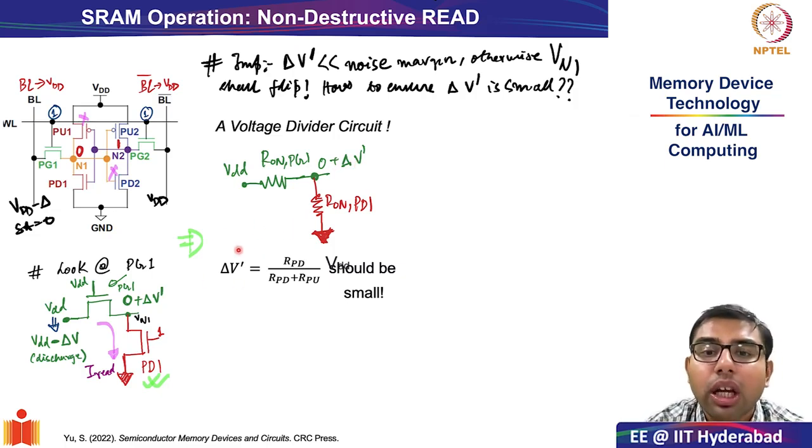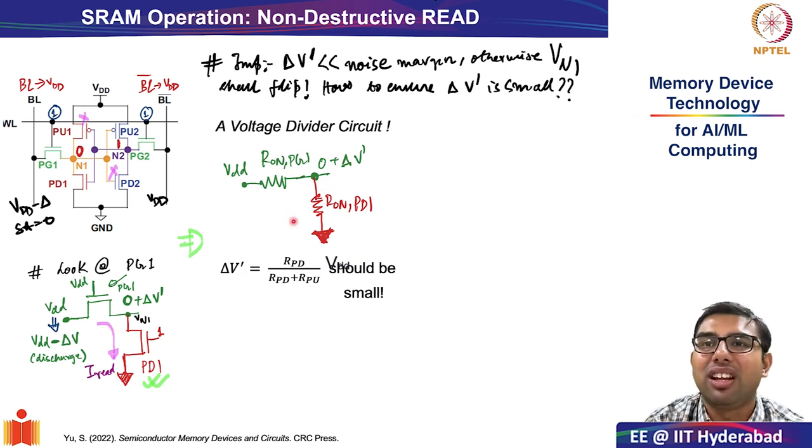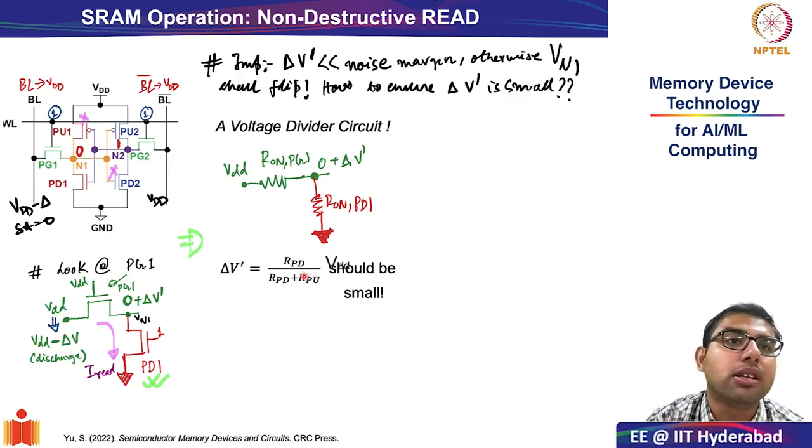What we have seen in our basic circuits courses, for the voltage divider circuit, the value of 0 plus delta V dash, or delta V dash, will be nothing but the resistance of the pull down transistor divided by the total resistance, which is the summation of pull down transistor and pull up transistor.